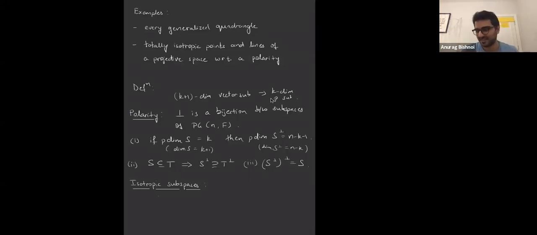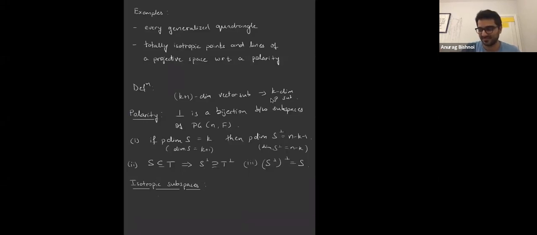The equator, which is the line, gets mapped to the north and south poles. So you map this equator to these two things, which are the poles. And this is a polarity of the projective plane you get out of a sphere, if you know what I'm talking about. I've confirmed it with some people who are more familiar with these things. That's the origin story of the name polarity.